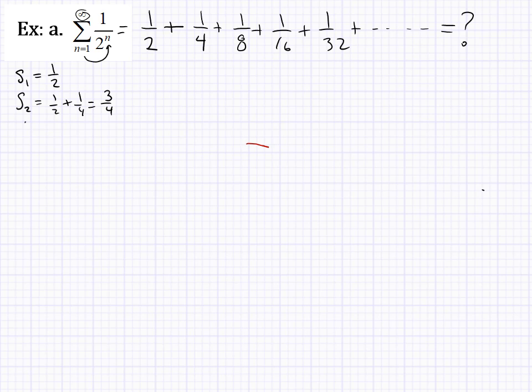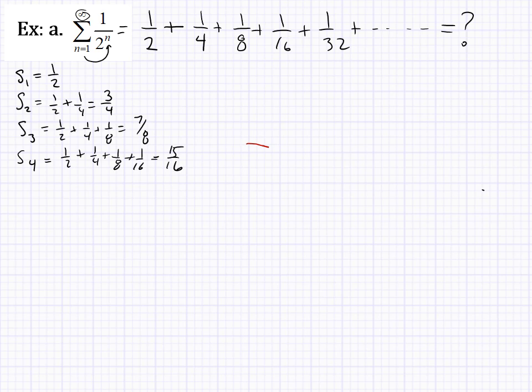Then we'll look at the third partial sum, which is 1/2 plus 1/4 plus 1/8, which will then be 7/8. Then we'll look at the fourth partial sum, 1/2 plus 1/4 plus 1/8 plus 1/16. If you added all that up, you would get 15/16.